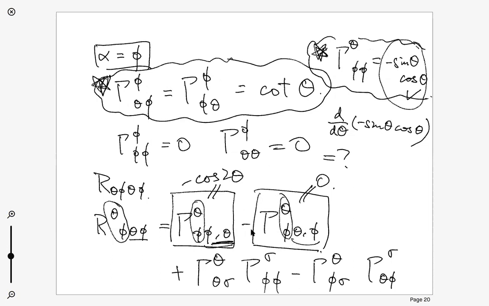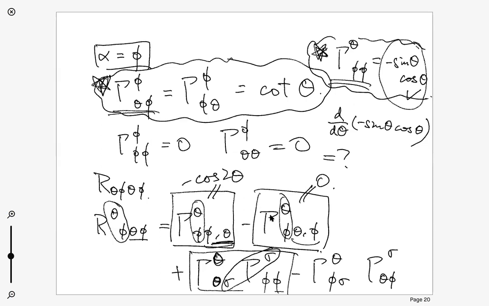Then what about the last two terms? Again, sigma here is contracted, so it really runs over two possibilities, theta and phi. But for the first one here, because we already have theta on the top and phi at the bottom, obviously this would be 0, right? Because we don't have any Christoffel symbol with theta on the top and theta at the bottom that is non-zero.